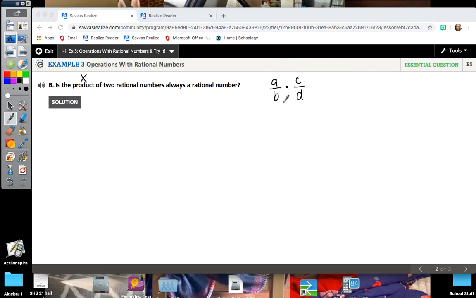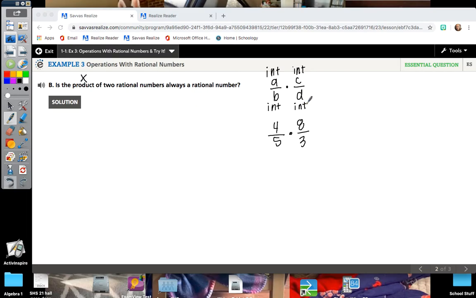Within those fractions, it has to be an integer, just a regular everyday number, like 4 and 5, and let's go 8 and 3. So if we take these, they're all integers no matter what, because it's rational, and we multiply them together.